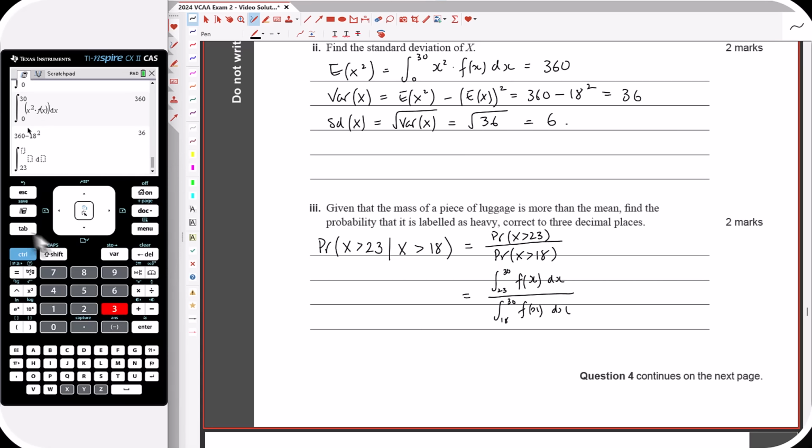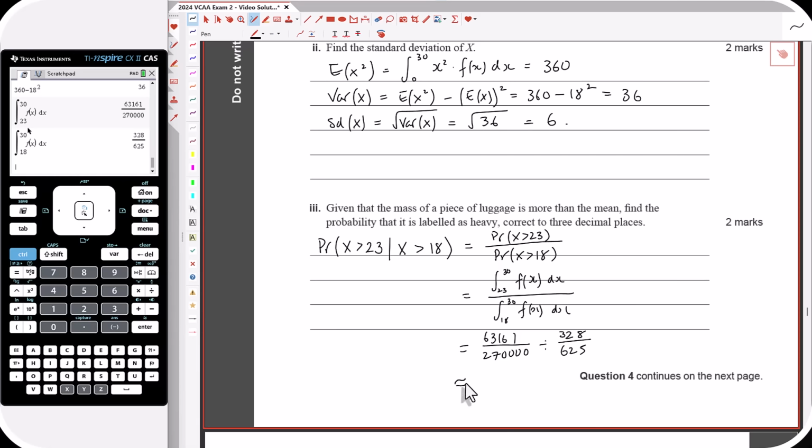So 23 to 30 of x, and 18 to 30. 63161 over 27 4 zeros, divided by 328 over 625.